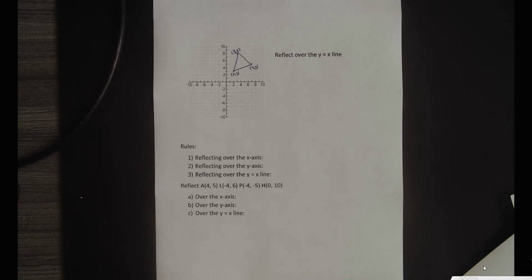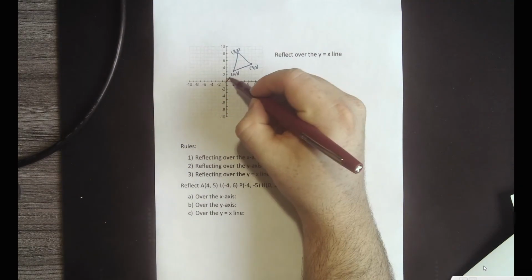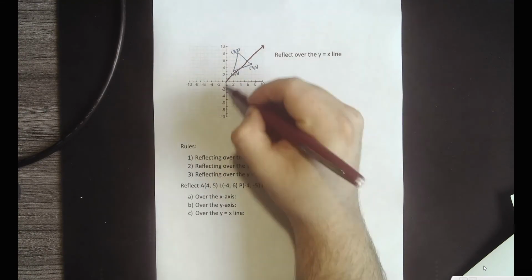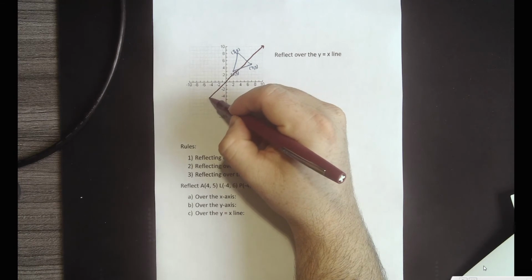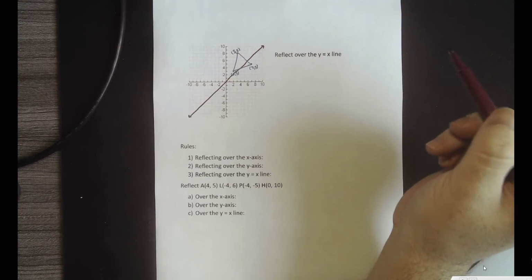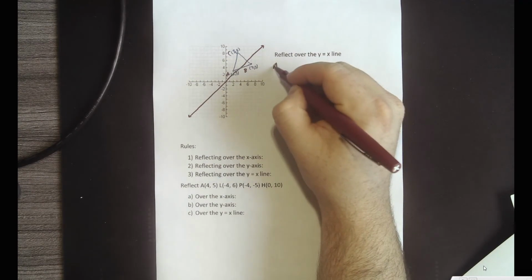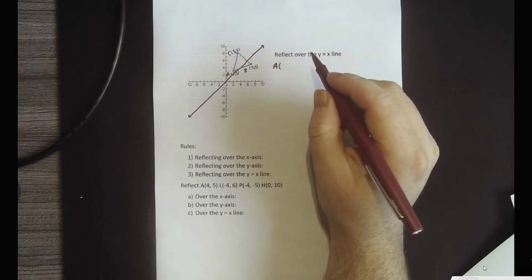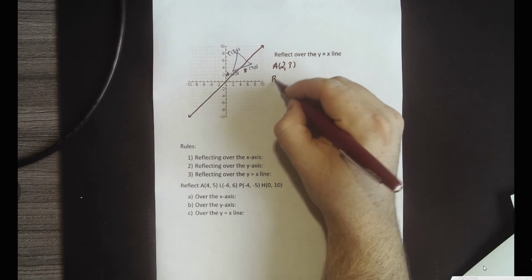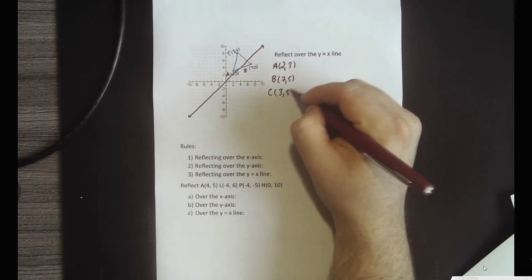Well, the y = x line is really just a diagonal line going through points like (1, 1), (2, 2), (3, 3), (4, 4), etc. So once again, we're going to get A, B, C. A is (2, 3), B is (7, 5), and C is (3, 8).